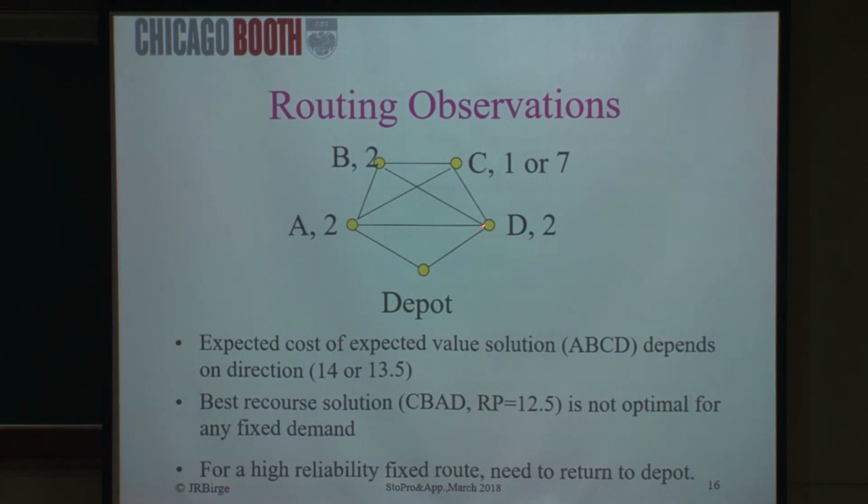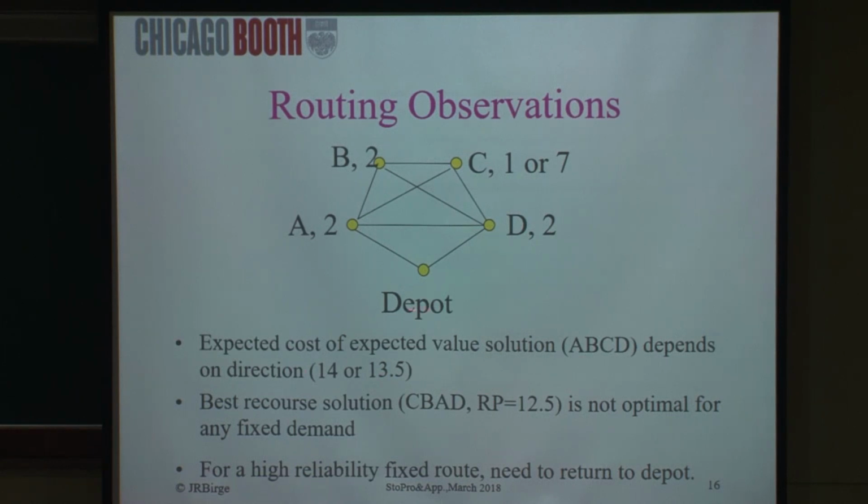If I did it this way, I go to D, I go to C, and then I would decide whether I went to B and gave B a little bit and went back, or whether I just came back from C and then went back to B. So depending on which direction I go, whether I go A, B, C, D, or D, C, B, A, the expected cost of using that solution is either 14 or 13 and a half. So my expected cost of going around is either 14 or 13 and a half.